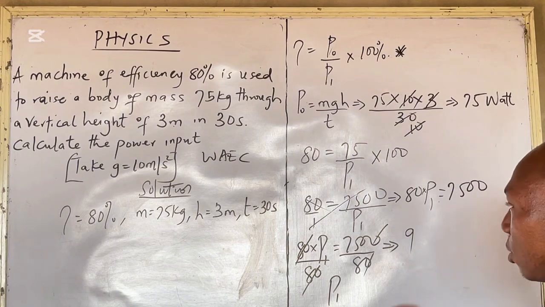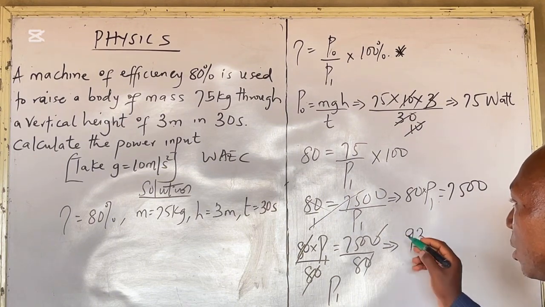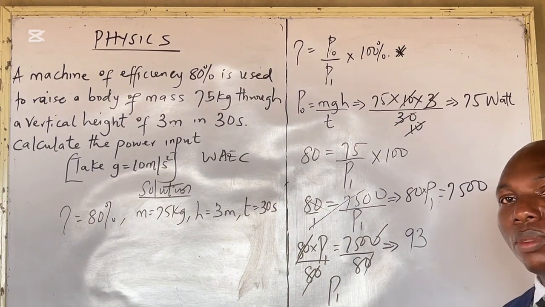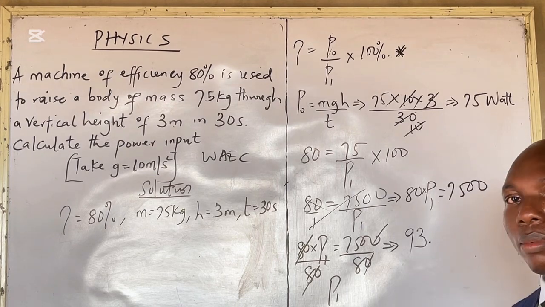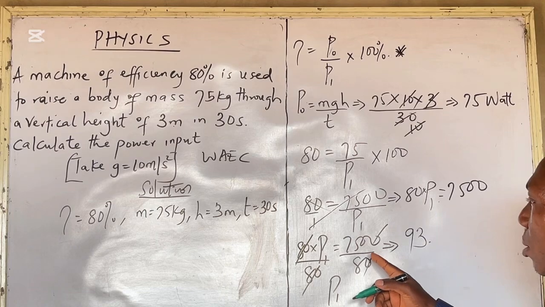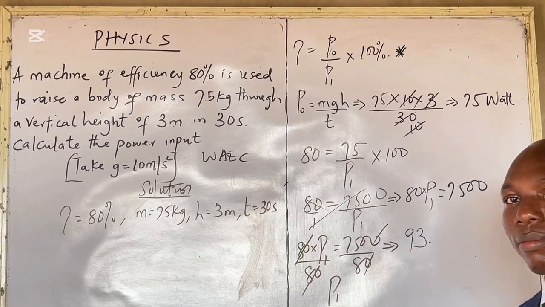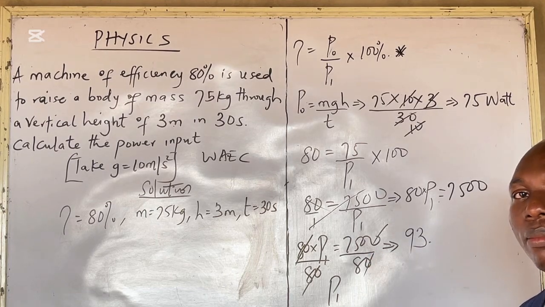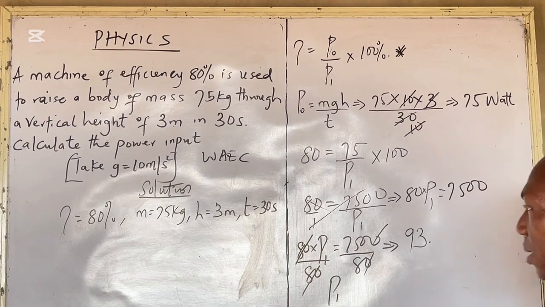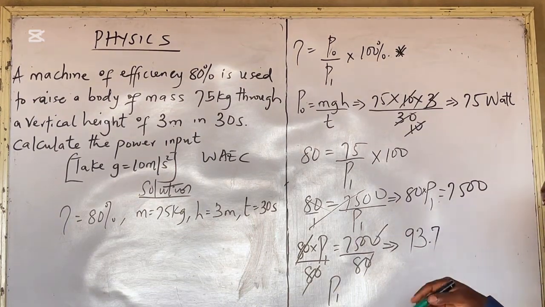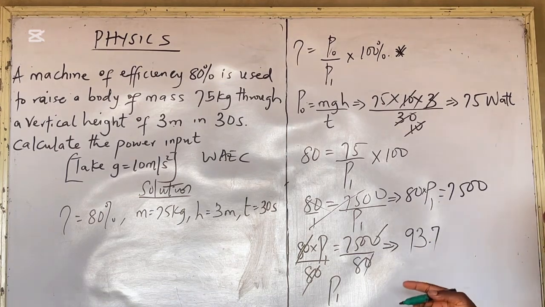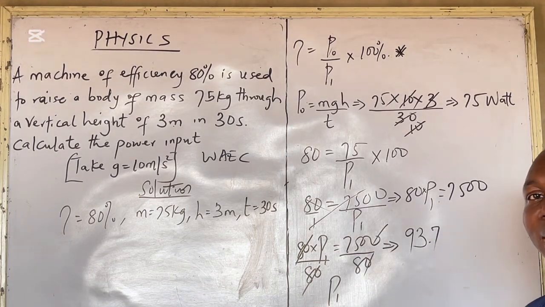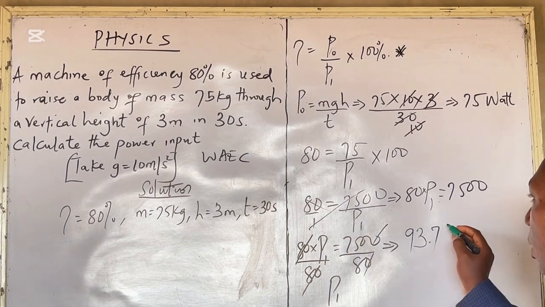Remainder 6, that's 0.8 in 60. That's 8 times 7, 56. 8 in 40, that's 5.